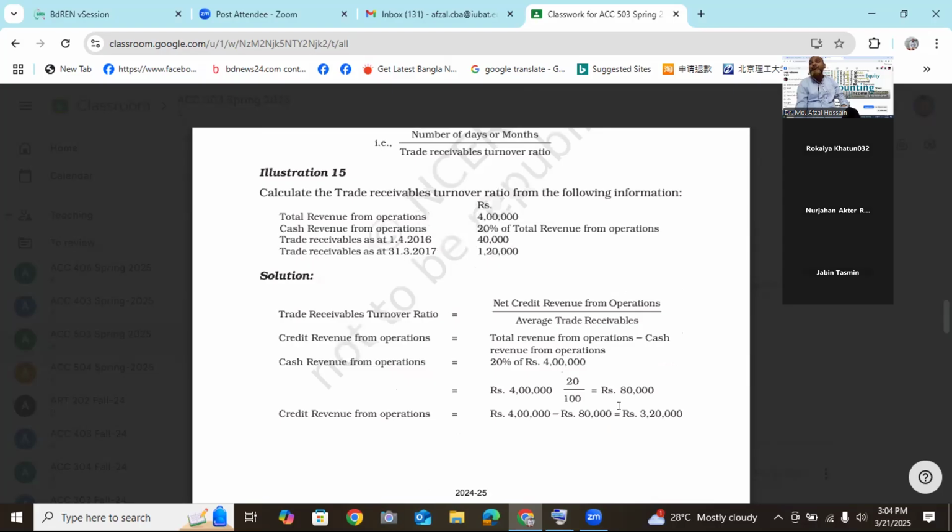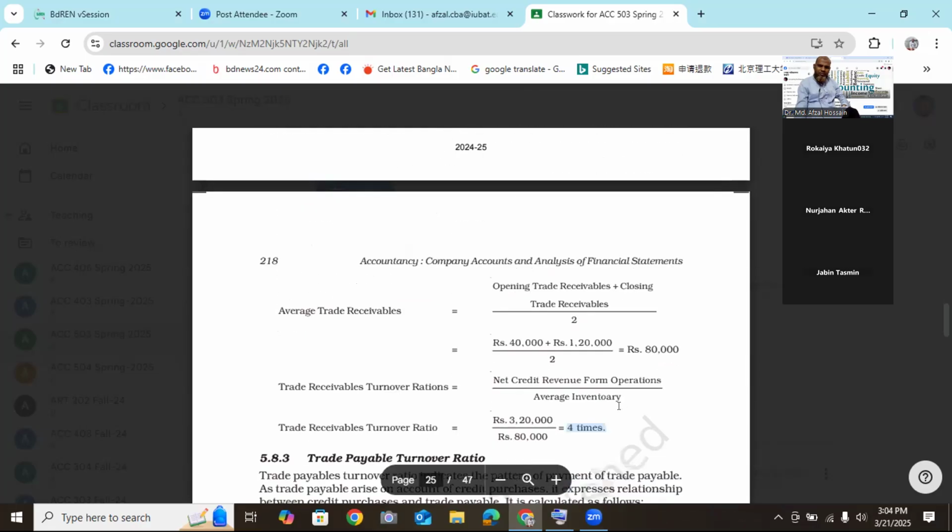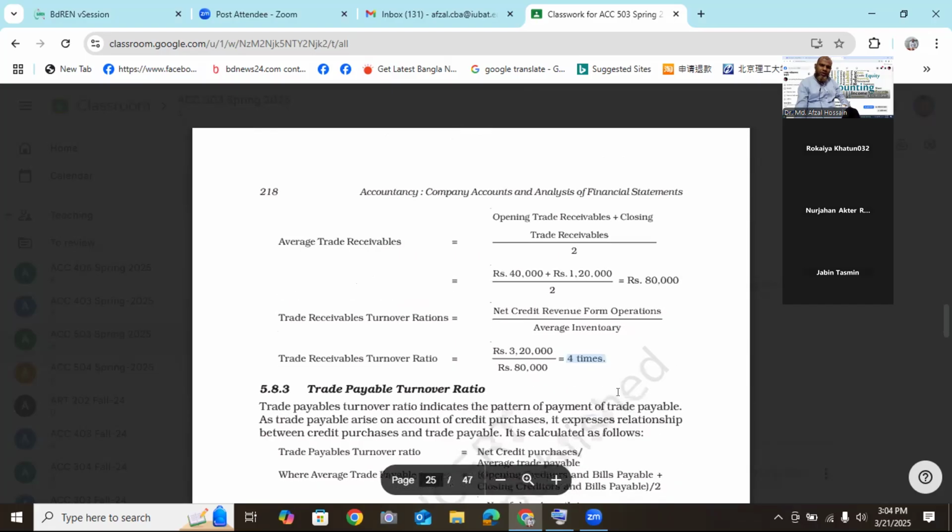That means how fast you receive your money from the credit sales. This is 4 times. If it is 5 times, this is very good. If it is 6 times, more times, that means your collection of money from the credit sales is very smooth or very fast. Okay. Then your liquidity position will increase.